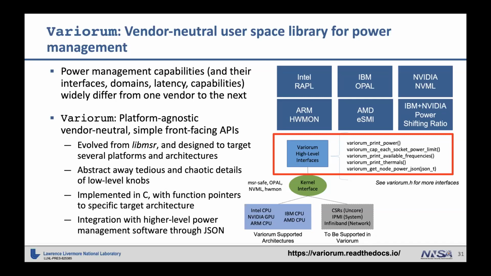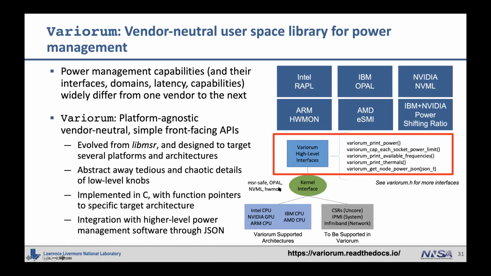So we can print the power, print your available frequencies, whether you're on the CPU or the GPU. We also have capping interfaces for capping the socket power limit. And this last example shows our high-level API for getting the node power in a JSON object that you can pass along.